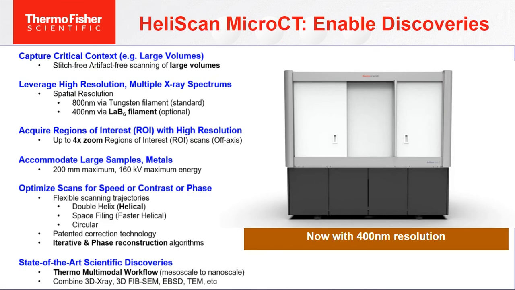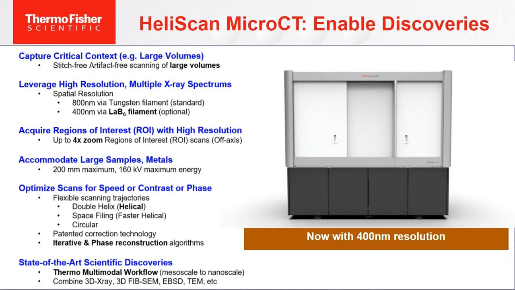So in terms of the HeliScan, some of the special, unique features about this MicroCT from Thermo are that, as you saw from Robert's example of the Apple Pencil, it can acquire very large volumes with one scan, and we'll talk about that more through the rest of this little discussion here.